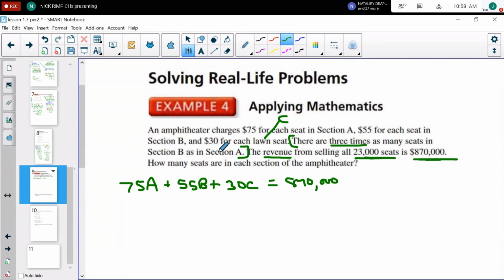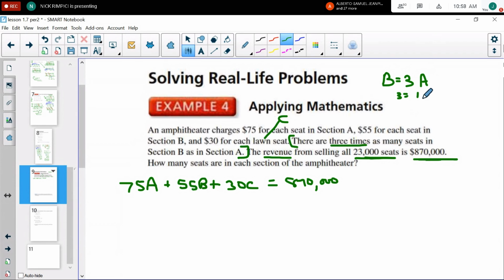B. Yeah, B has more seats. B has three times the amount of seats in section A. So B is equal to three times whatever A is. For example, if A had one seat, then B would have three times one, which is three seats.